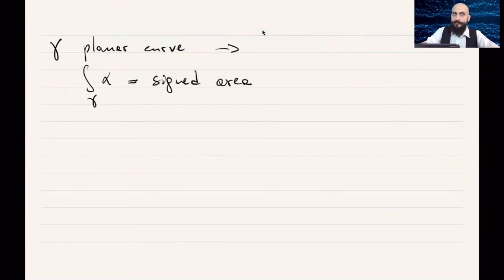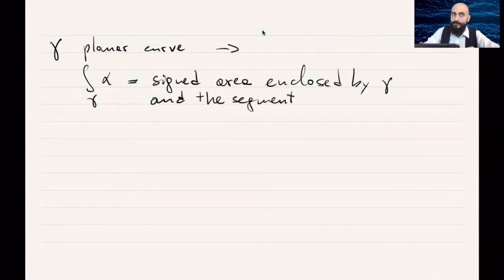This observation lets us conclude that if gamma is a smooth curve starting from the origin that is not necessarily closed, then the integral over gamma of alpha expresses the signed area enclosed by gamma and the segment connecting the origin to the final point of gamma. See this picture.